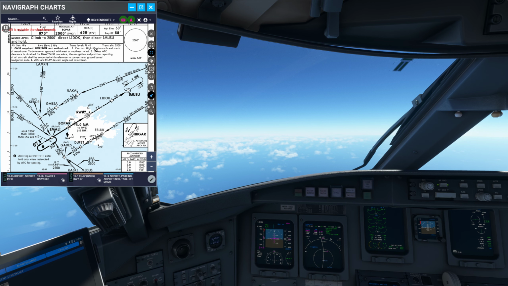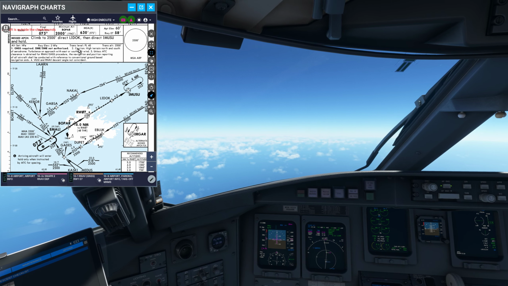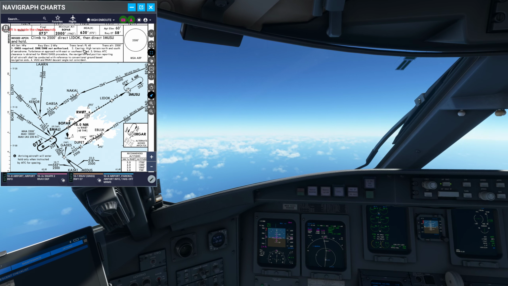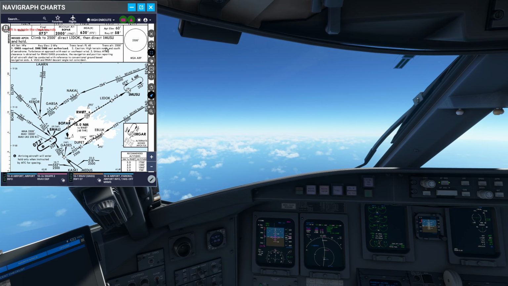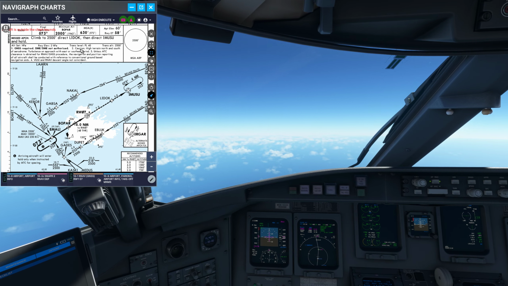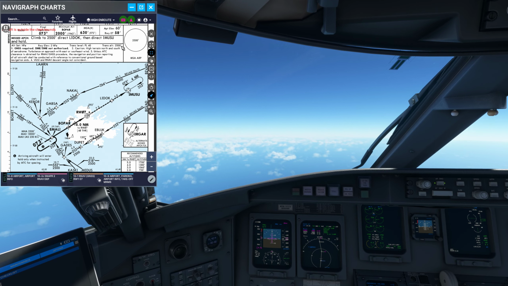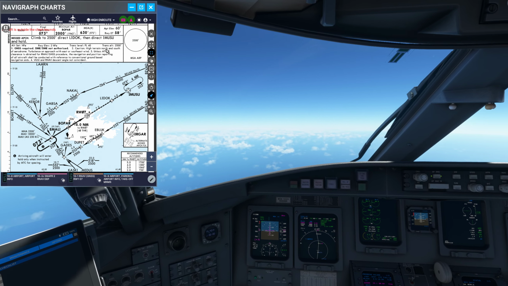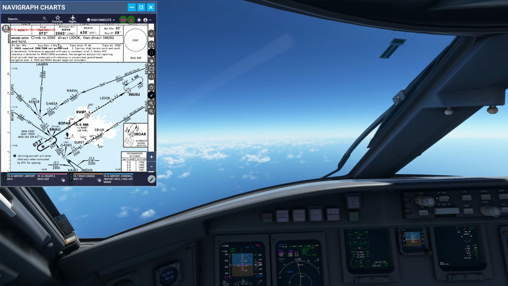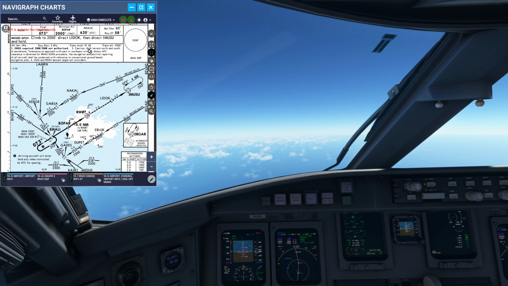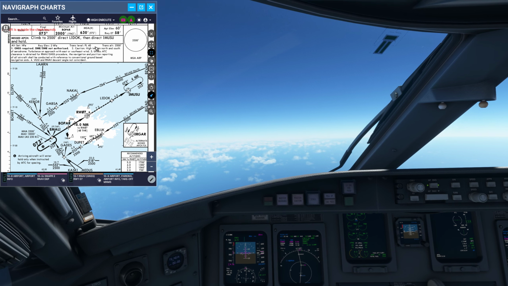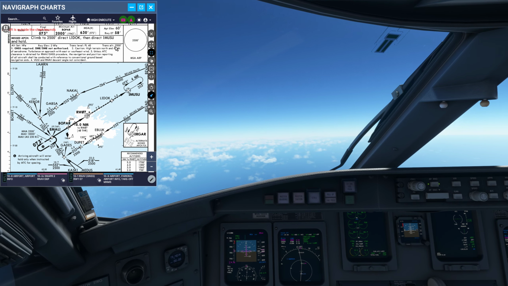But in the Caribbean, it's 4,000 feet. I don't understand why they do that, but they do. In the United States, transition level is always 18,000 feet, flight level 180. Transition altitude is the same thing in the U.S. It's always 18,000 feet. Get outside of the U.S., you oftentimes will have a different transition level and transition altitude.